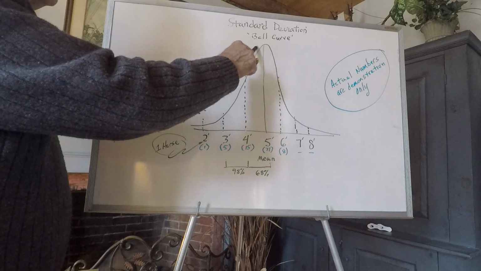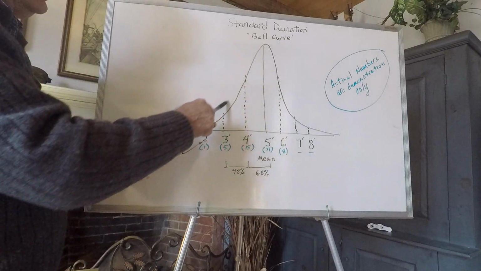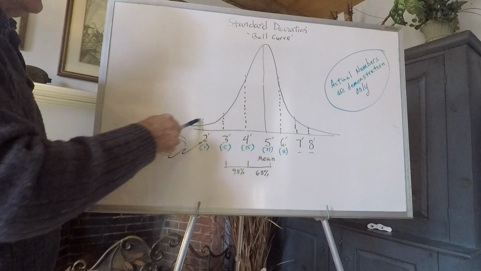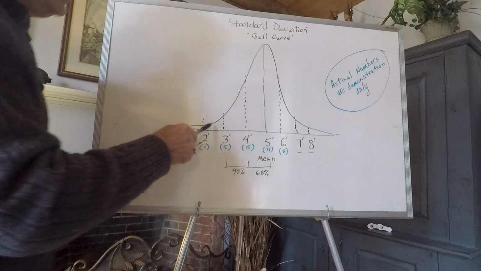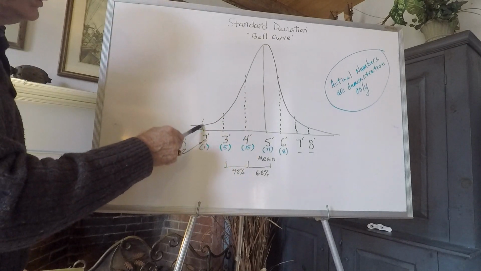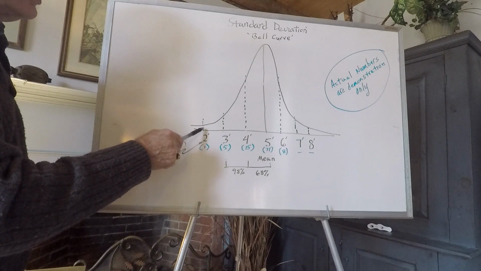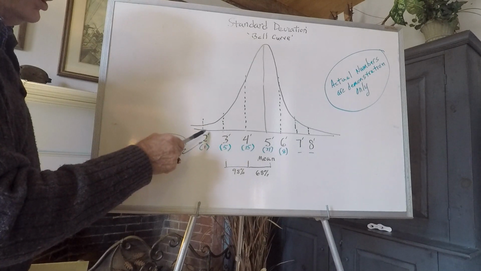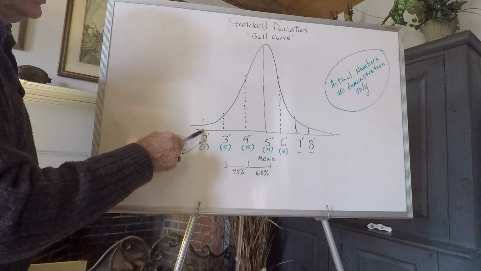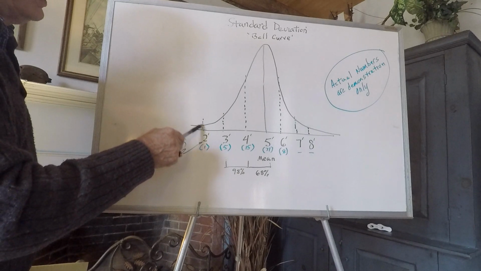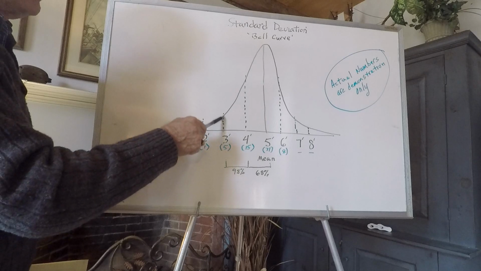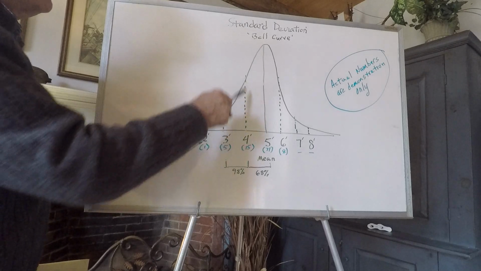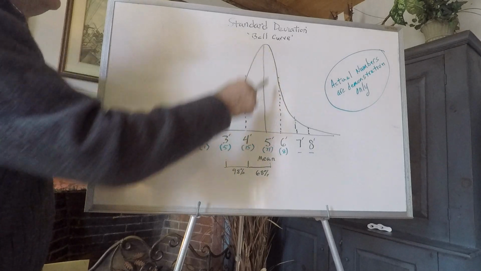We call this part of the bell curve, when it gets out in here, the tail, because it's very, very small. And you can see that the number, which is represented by the distance from the baseline to here, in other words, 2 feet is here. That's a measurement of distance. This is 3 feet. This is 4 feet. This is 5 feet, the mean.